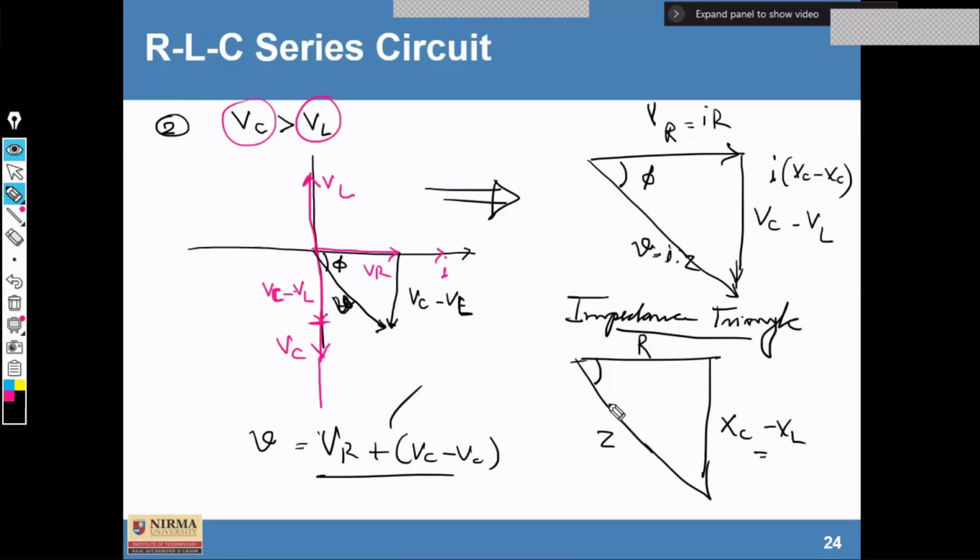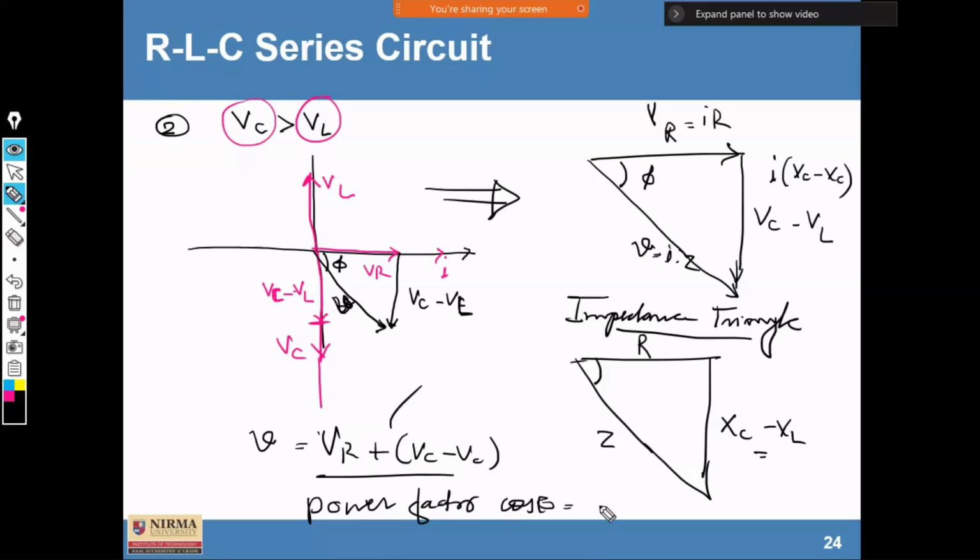Now, from this, if we write an expression of power factor, the expression would be similar: cos phi is equal to R upon Z. But for the value found in this circuit condition, it is very important to write leading, because here the current vector is going to lead.